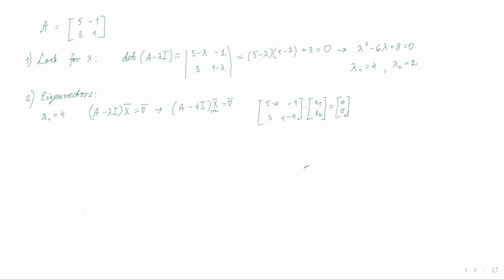I'm trying to write it down in a form very close to the system of equations, how we used to solve it. So let me modify it a little bit, simplify, let's say, and I'm going to have the equation 1, -1, 3, -3, multiplied by the vector of unknowns x1, x2 equals 0, 0. Guys, do you see that these two equations, the first one and the second one, are just multiples of each other, right?